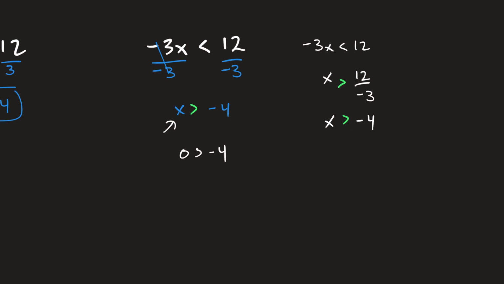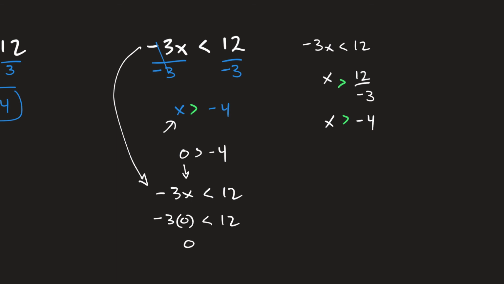So I'll use that. In my original inequality, it's negative 3x is less than 12. I grabbed it from the very top right there. And since 0 is greater than negative 4, I'm going to plug in that. Negative 3 times 0 is less than 12. And negative 3 times 0 is 0, which is less than 12. And yeah, that checks. So that means that this is my solution.